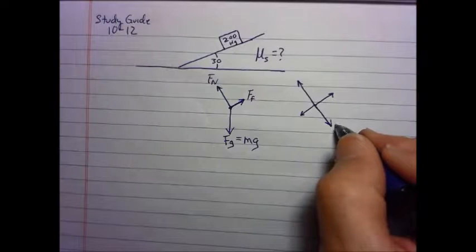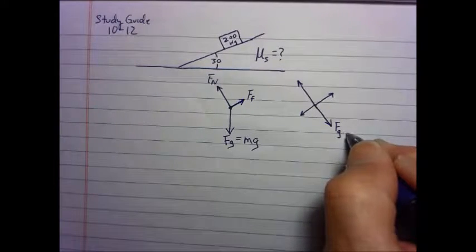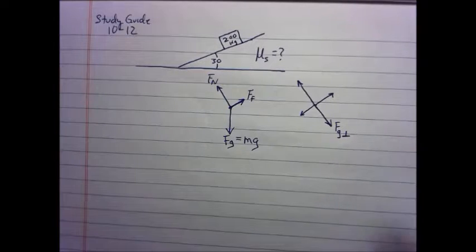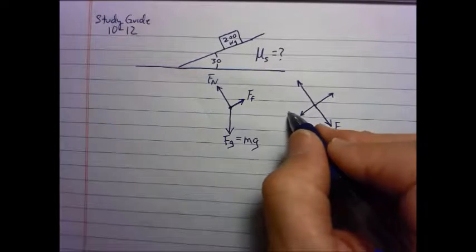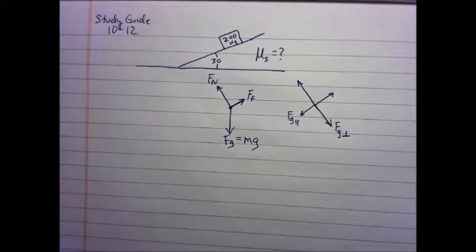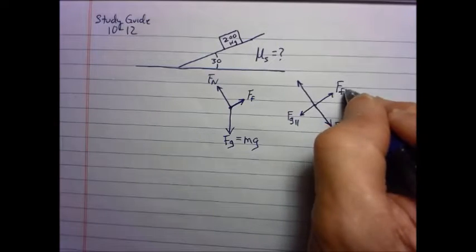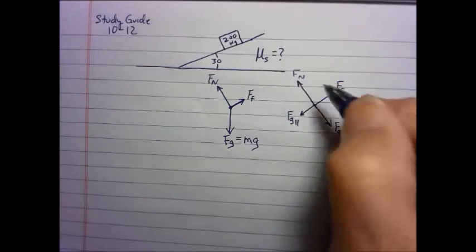So this is the force of gravity that is perpendicular to the contact surface, and this is the force of gravity which is parallel to the contact surface. This is the force of friction. This is force normal off in this direction.